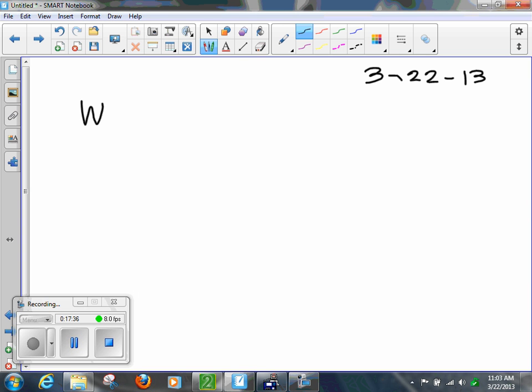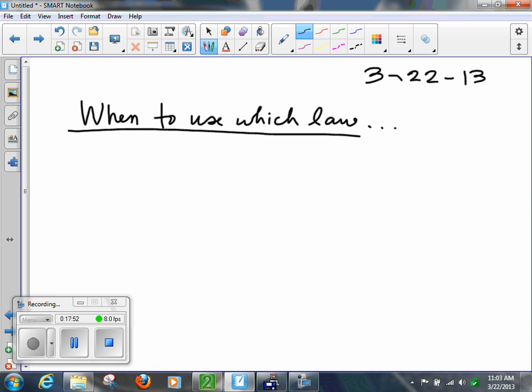But what's going to happen when I put it all together and I don't tell you which law to use? Because you're going to get a worksheet like that today. When to use which law?